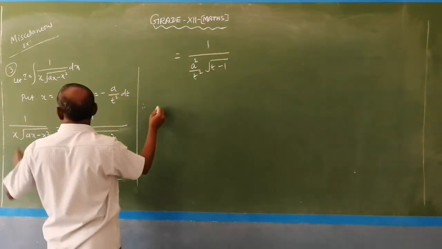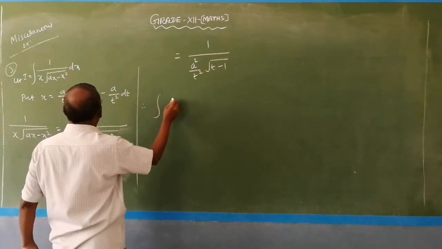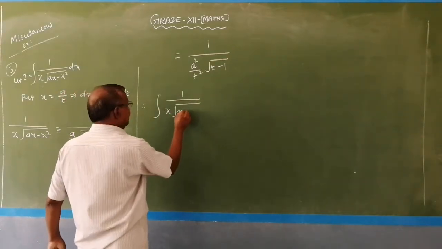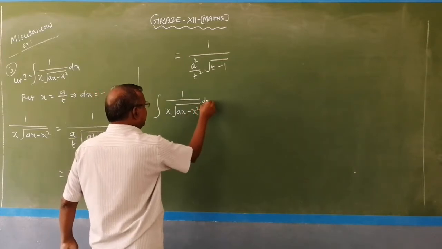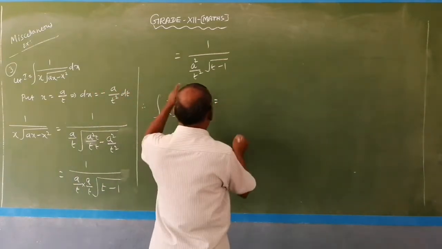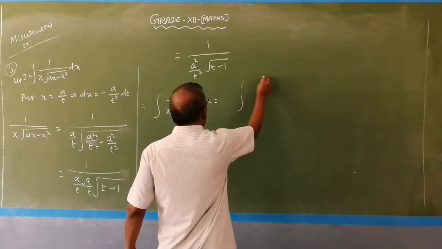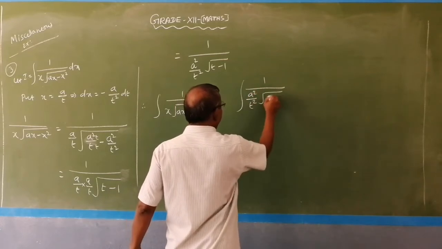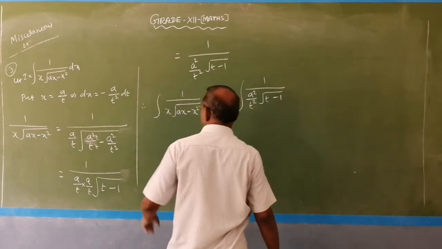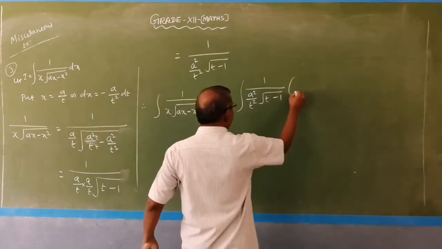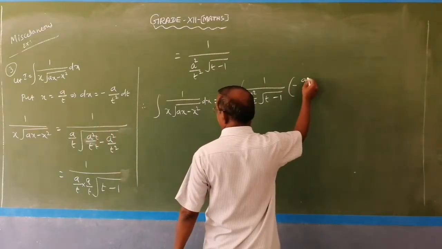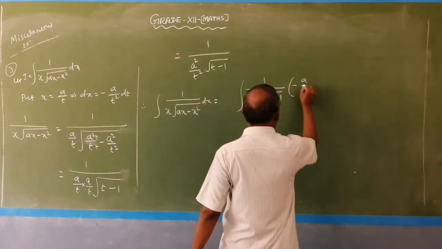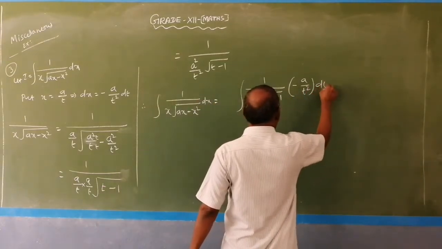Therefore, integral 1 divided by x into root of ax minus x square into dx equals integral 1 by a square by t square into root of t minus 1. Instead of dx we have to put minus a square by t square, so a by t square into dt.